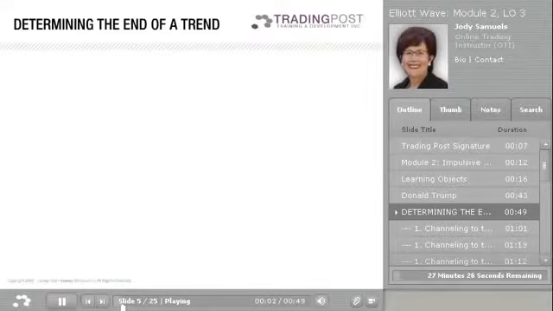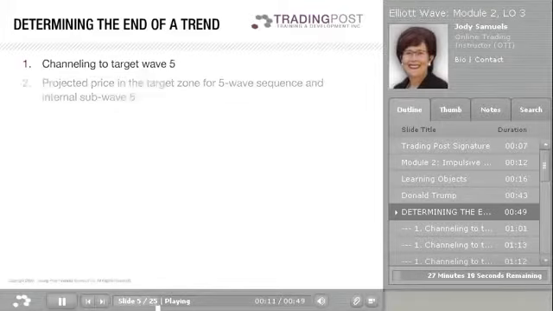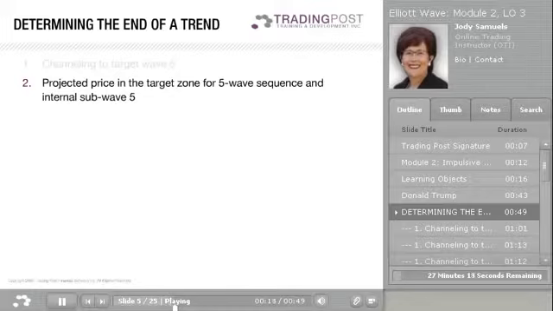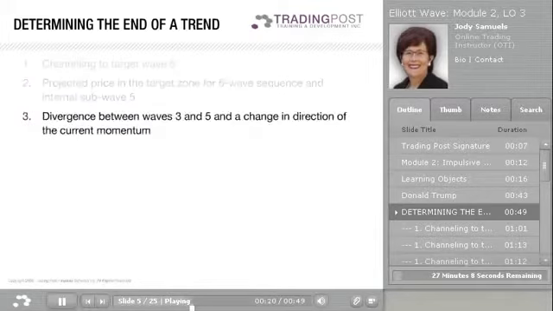There are several methods of determining the end of a trend. They include 1. Channeling to target wave 5. 2. Projected price in the target zone for 5-wave sequence and internal subwave 5. 3. Divergence between waves 3 and 5 and a change in direction of the current momentum. 4.